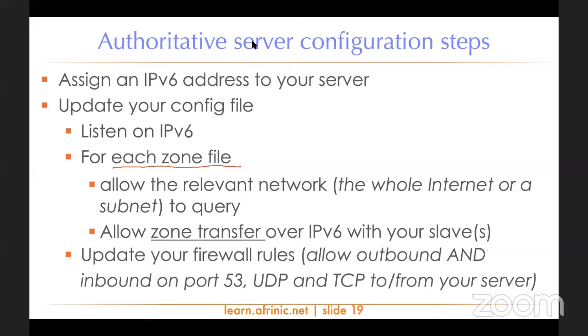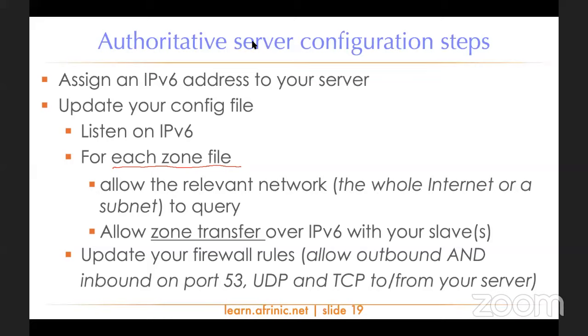So in your config file, you'll have something which is very generic for the whole internet. But if you have a specific zone file, maybe one you use internally, then in your access list you'll only allow your internal prefix.